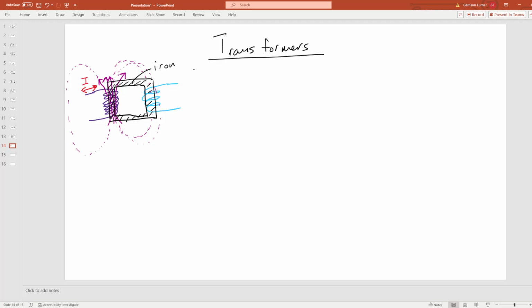So as the magnetic field from the first coil, or what we call the primary coil, is changing, its instantaneous magnetic field is going to be increased by the iron as it magnetizes the iron, and then there's a little bit of a feedback property where the iron is now magnetized due to the magnetic field of the coil, and that intensifies the overall magnetic field, and that increases the flux through this secondary coil.